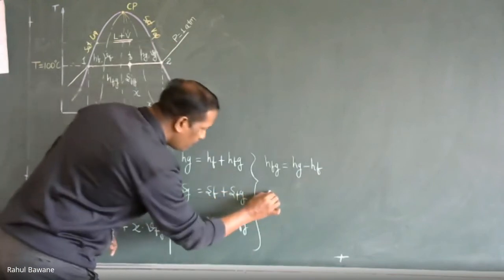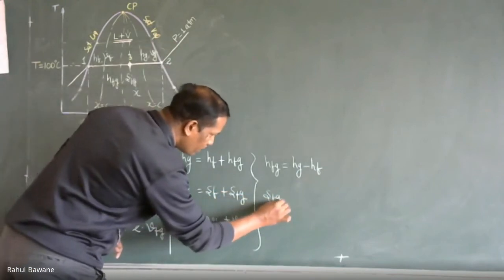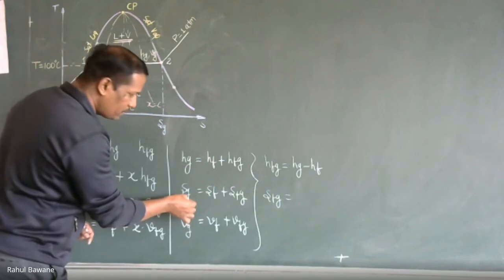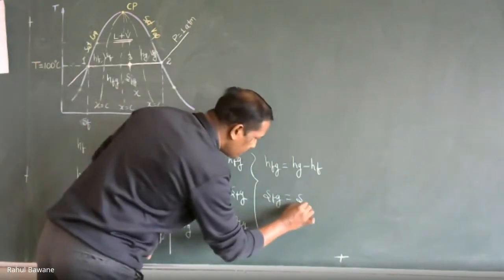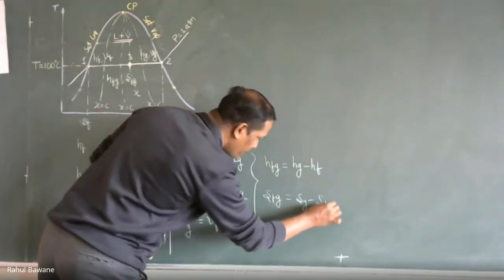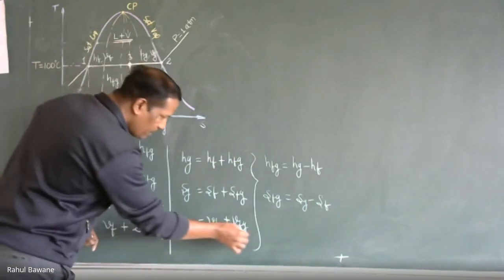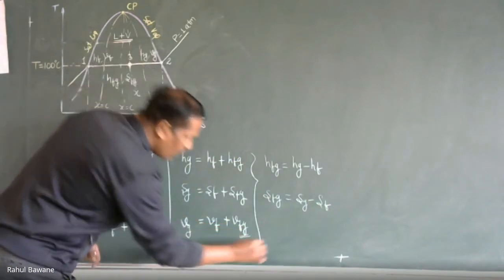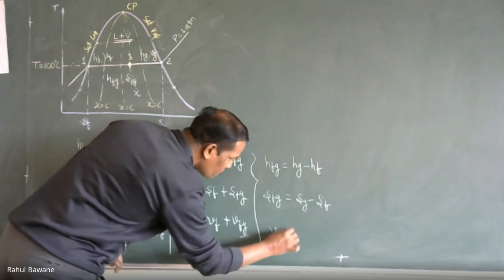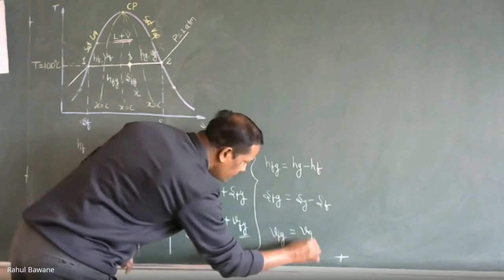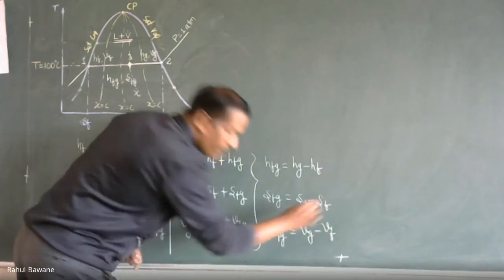Shifting this, Sfg becomes Sg minus Sf. In the same way, Vfg will be Vg minus Vf.